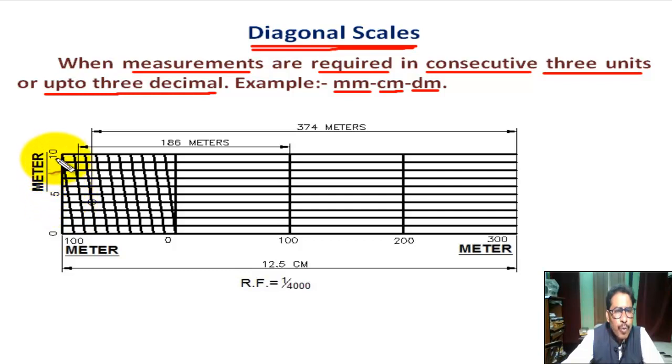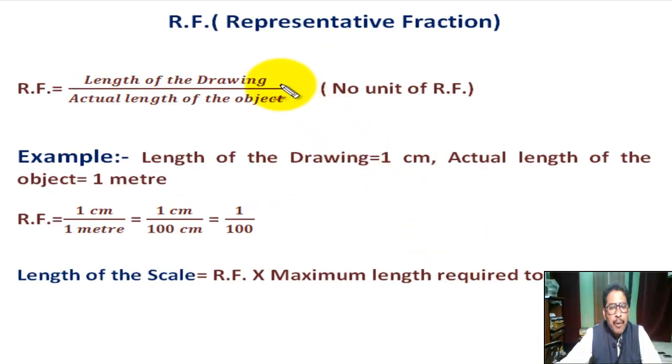All divisions represent 1 meter. So a diagonal scale represents consecutive 3 units, or it can measure up to 3 decimal.